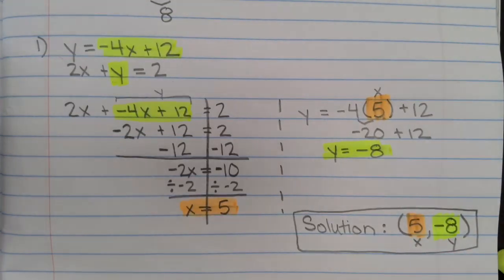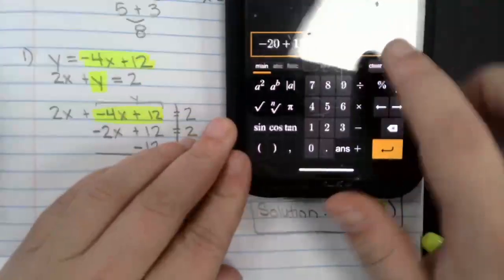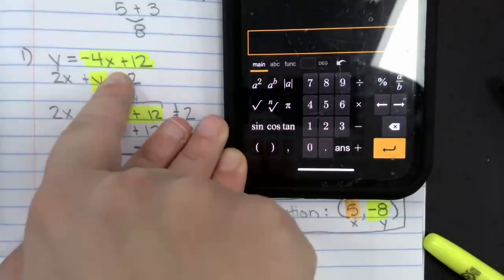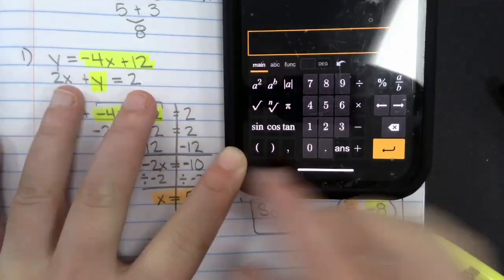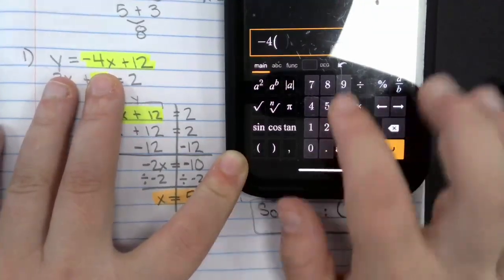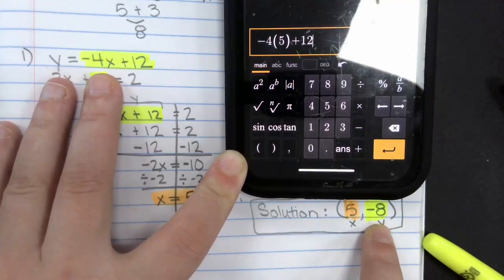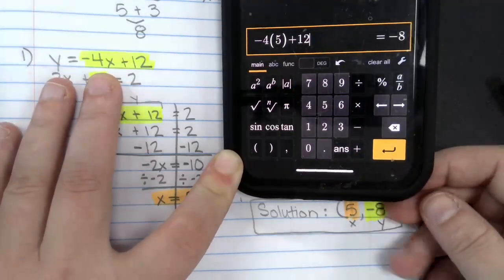All right, so I'm going to take my calculator. On this first one, it says y equals negative 4x plus 12. So I'm going to do negative 4 times, what's my x? 5 plus 12. Does that equal my y? What was my y? Negative 8.